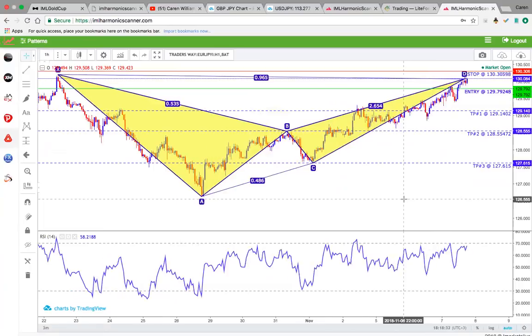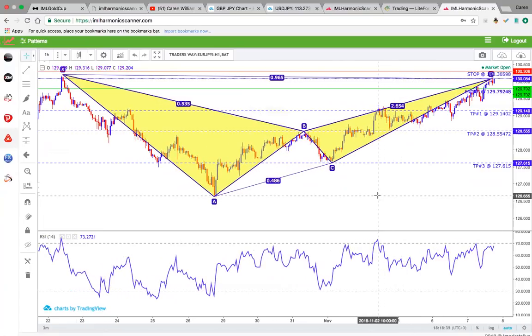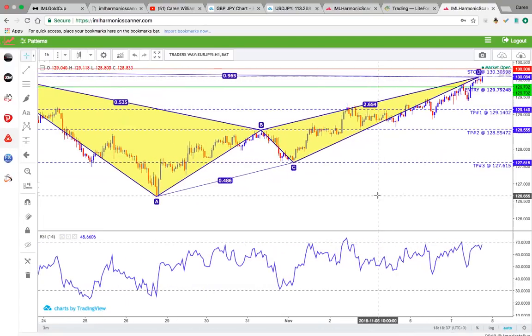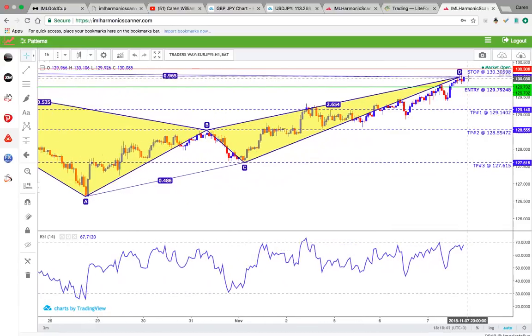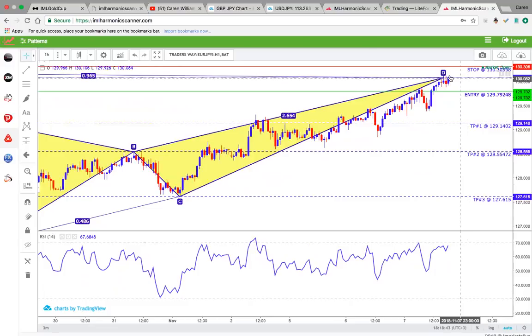So we were looking at this chart earlier, the first chart. This is the W chart. The scanner called this chart for a sell, right? So you can see that the entry or take profit ones, etc., has not been touched as yet. So this is a good chart to look at.